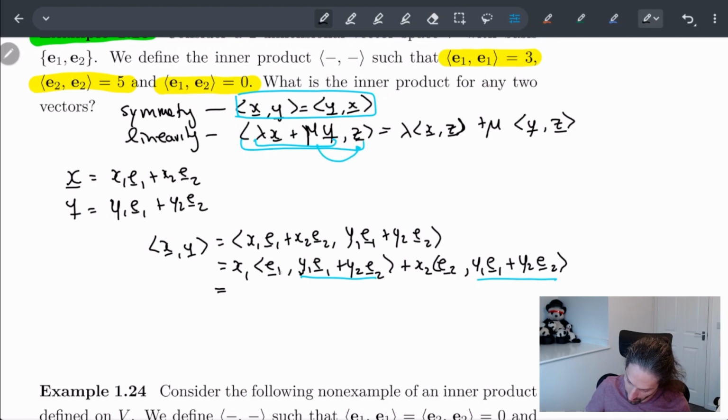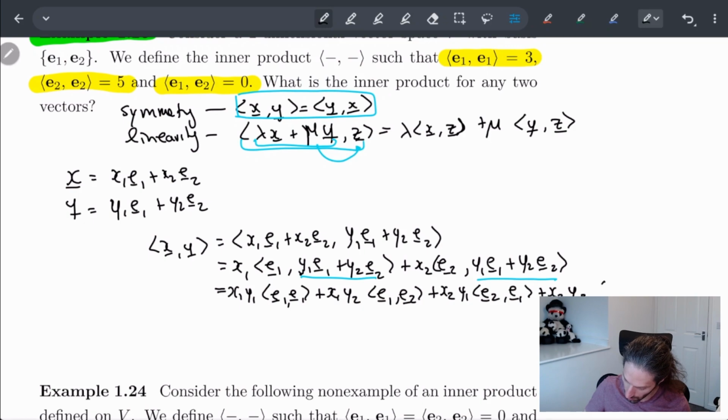So what do we get? I get x1 y1 <e1, e1> plus x1 y2 <e1, e2> plus x2 y1 <e2, e1> plus x2 y2 <e2, e2>.